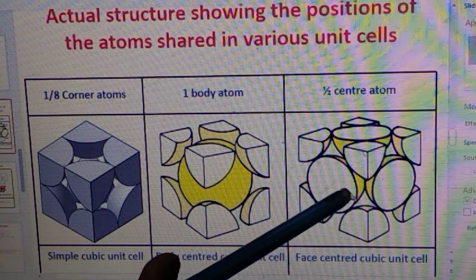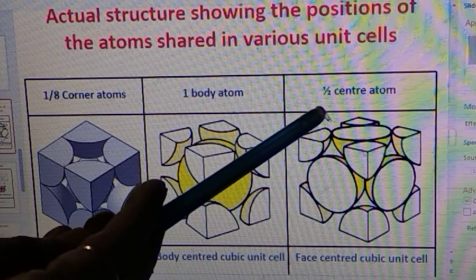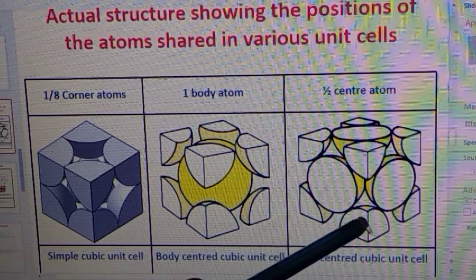The constituent particle contribution for one face is equal to half, and there are a total of 6 faces.